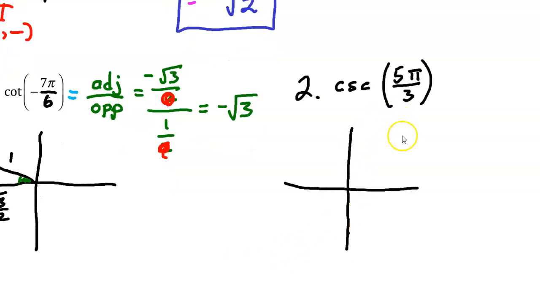All right, so what is the reference angle? What is the quadrant? Quadrant 4 and 60 degrees, right? So as soon as you saw this was over 3, you know it's 60 degrees, right?